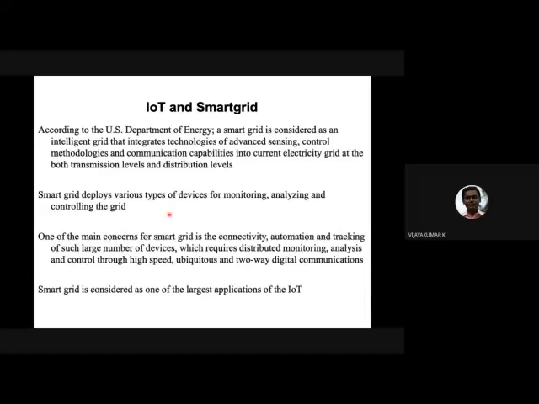So in that way, that's what we are focusing on in the smart grid. Here we are incorporating the communication system into it and making the grid smarter. So this smart grid is considered one of the largest applications of IoT. So that's what we are focusing on much.